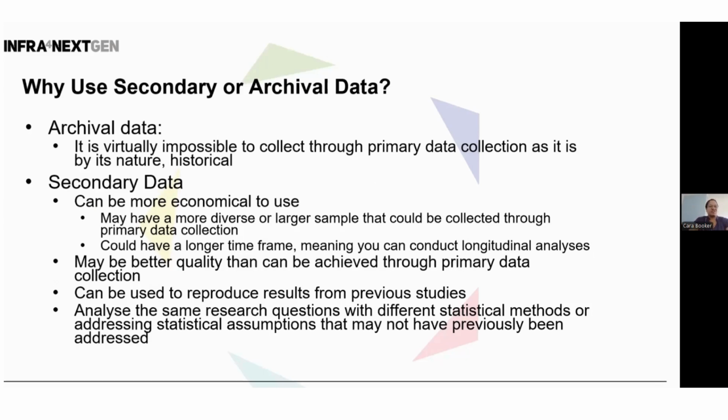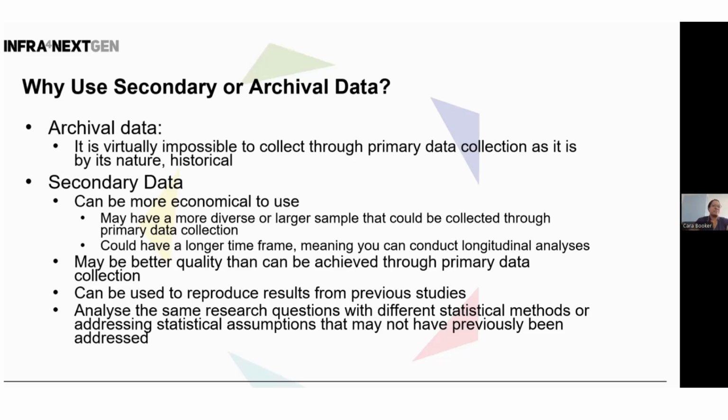So why would we want to use secondary archival data? Well, archival data is virtually impossible to collect currently because in its nature, it is historical. It's things that have happened in the past. So you can't collect archival data in the present, as it were. Secondary data, there's a few reasons why we might want to use secondary data.